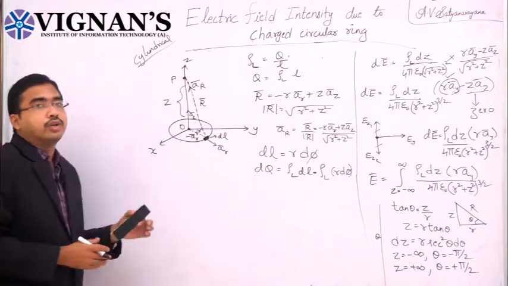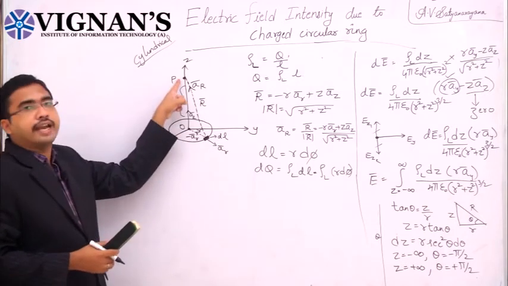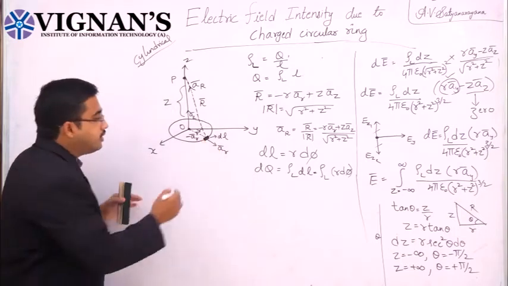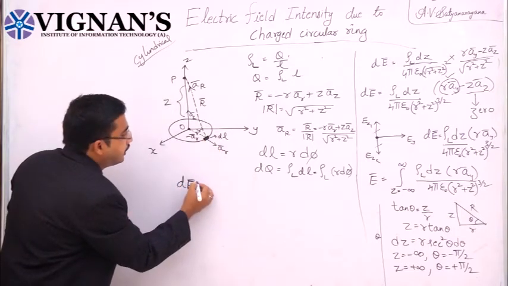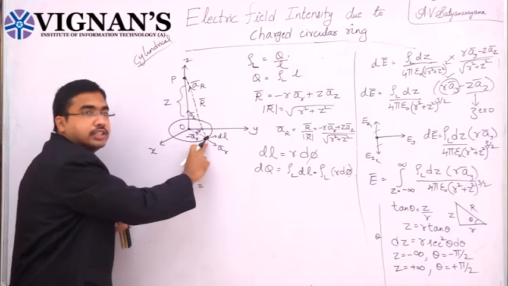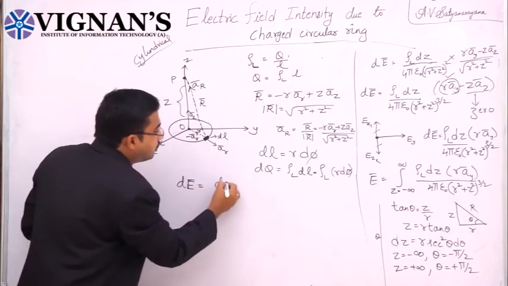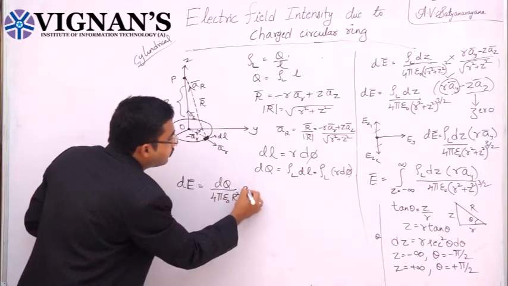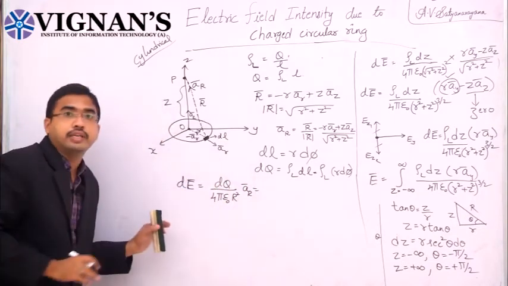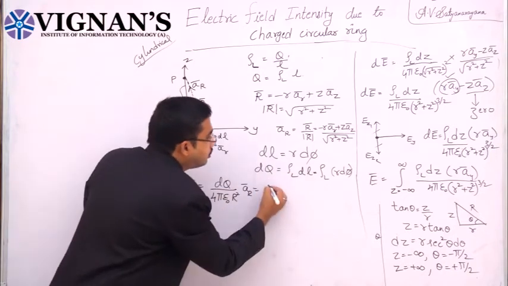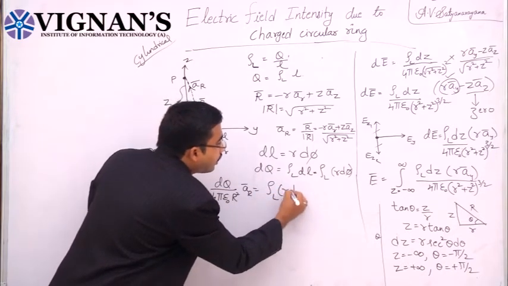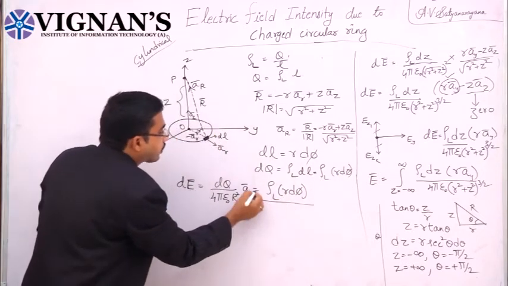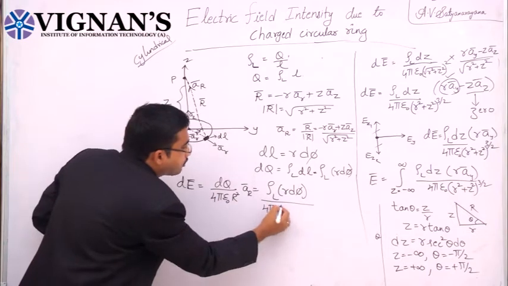Now I need to find the electric field intensity at point P due to this differential length dl. That means you will get only a differential electric field intensity at point P due to this differential length dl, which is equal to dq by 4 pi epsilon naught R square into aR bar, where dq is rho L into r d phi, which you get from here, divided by 4 pi epsilon naught.